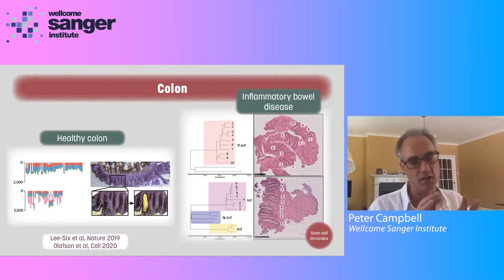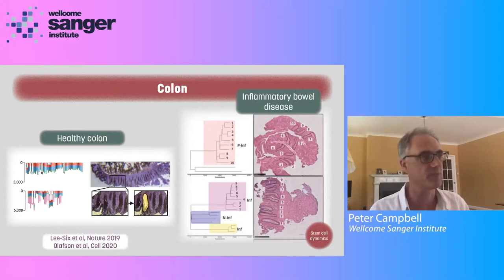So what that tells us is that stem cells in the colon have this massive latent potential that basically isn't tapped during healthy, normal states. But in the presence of disease, that recovery can be really quite extensive, and you can get quite large stretches of colon, all deriving from a single ancestral stem cell.